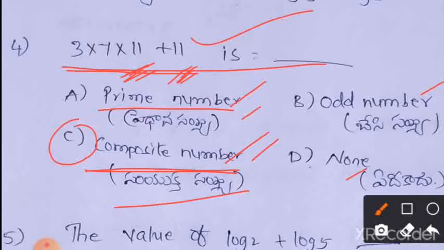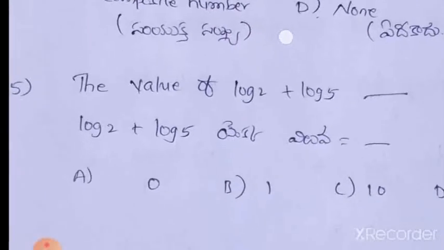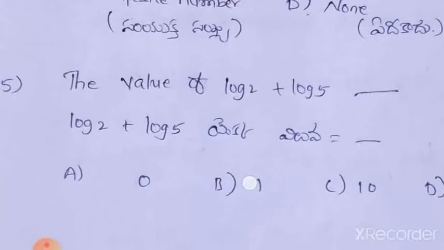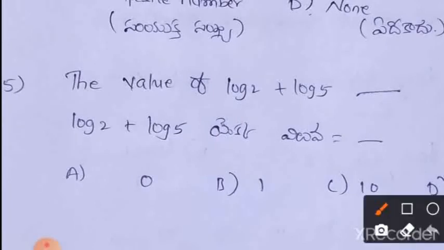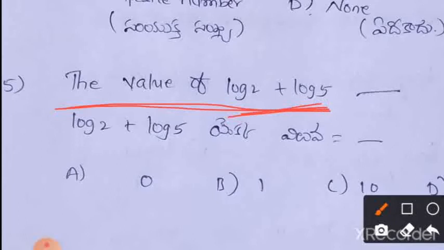And next, the fifth sum. See, in the fifth sum, the value of log 2 plus log 5. If you observe, this is in the form of our first logarithmic law: log a plus log b is equal to log ab.